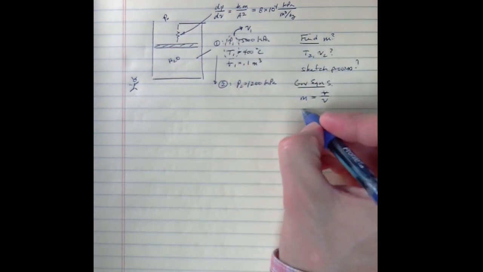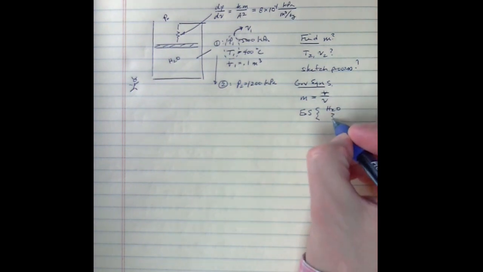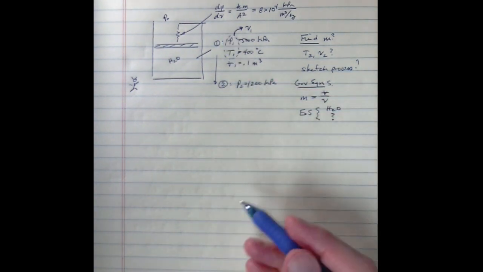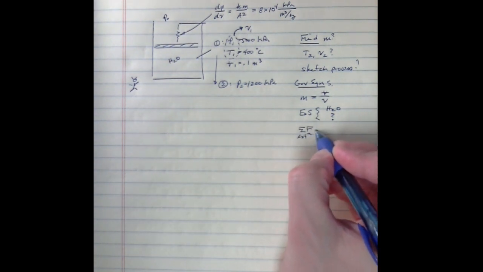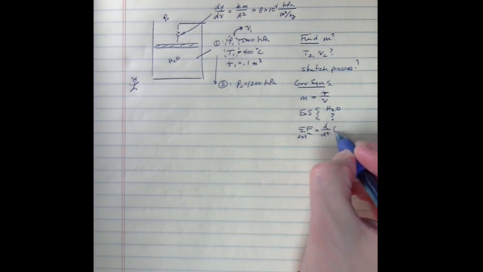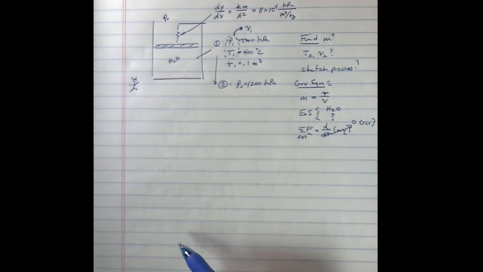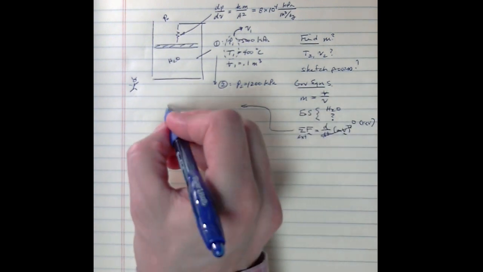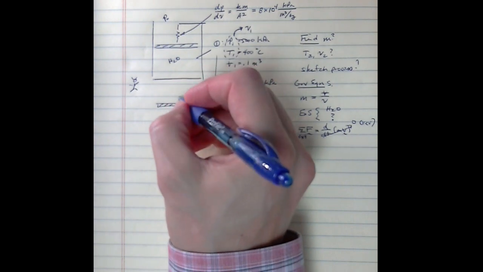To use this, we need an equation of state, which means we need to know the substance, which is given, but we have to find the phase, either at state 1 or state 2. And then lastly, we're probably going to use the sum of the forces external to the system equals the time rate of change of the momentum. In this case, this is 0. We're assuming a reversible process being driven by an ELF. So to use Newton's second law, of course, we need to draw a free body diagram. Here is our diagram. We're going to have the spring force.